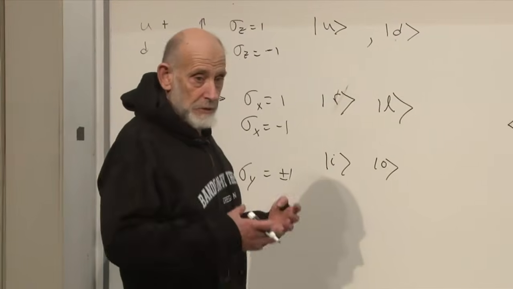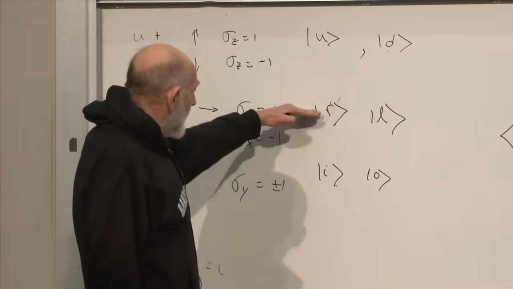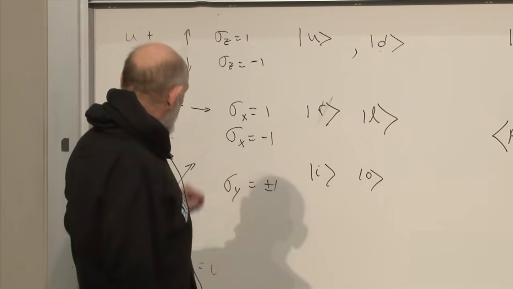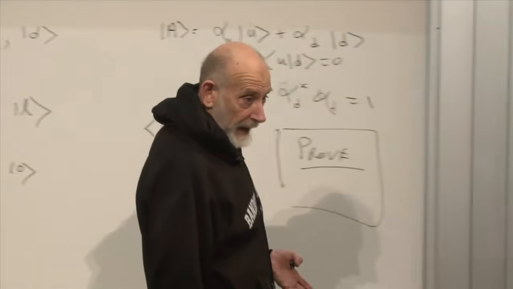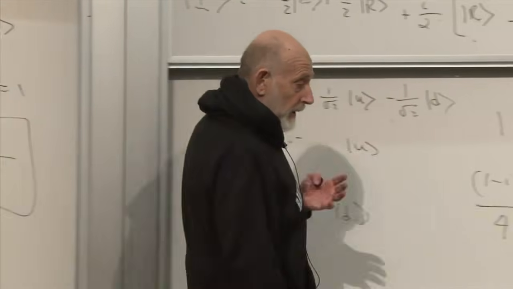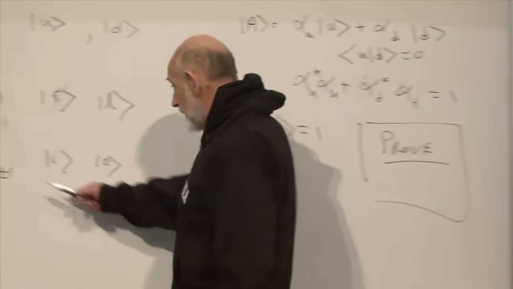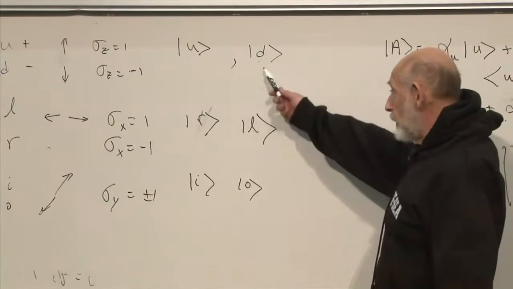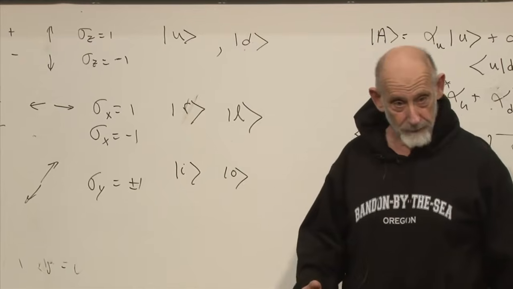And what this means, in effect, is that if you start with any one of them and measure the other component, if you start with up or down and measure sigma x or sigma y, you'll get probability 1/2. No matter what you start with, any one of these 6 combinations, and measure a perpendicular combination, you'll always get probability plus or minus 1/2.